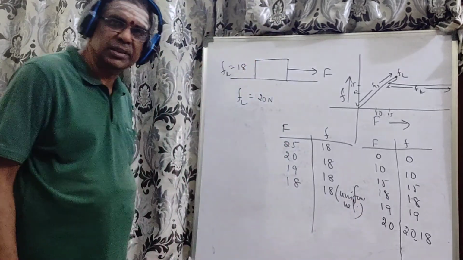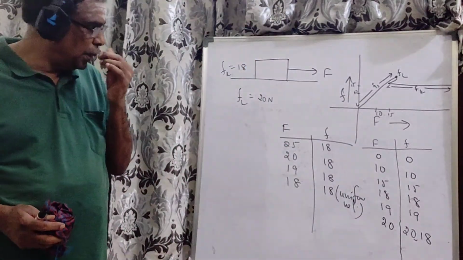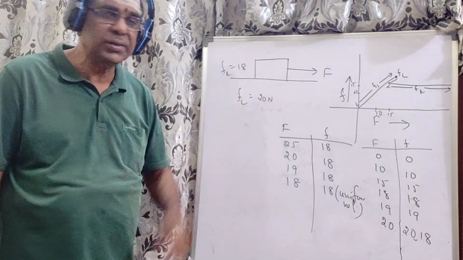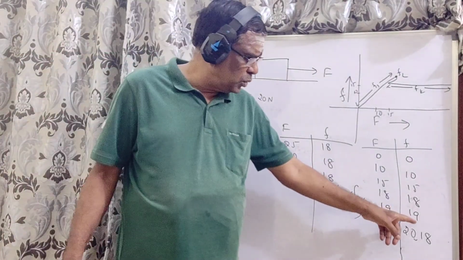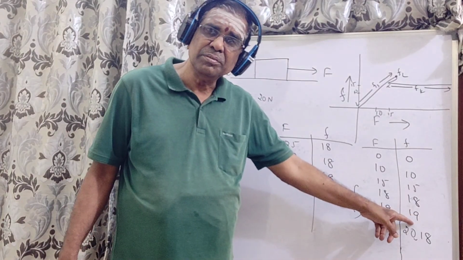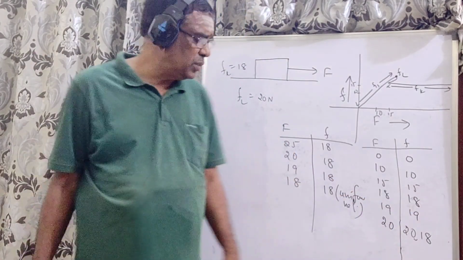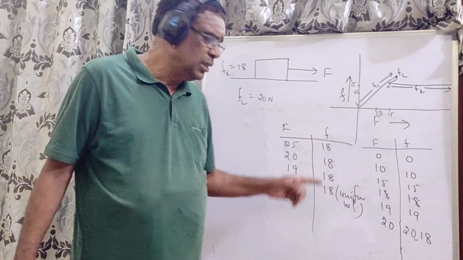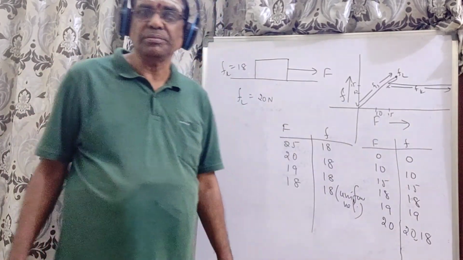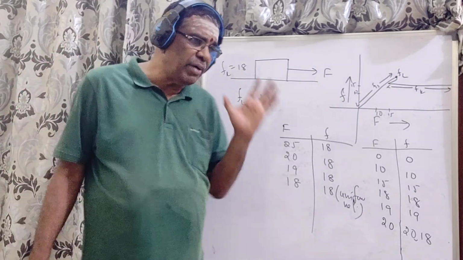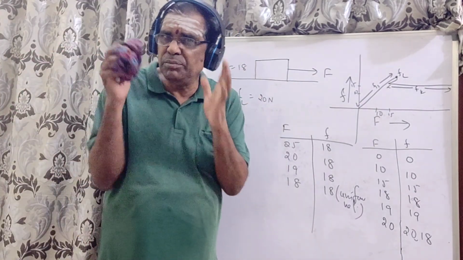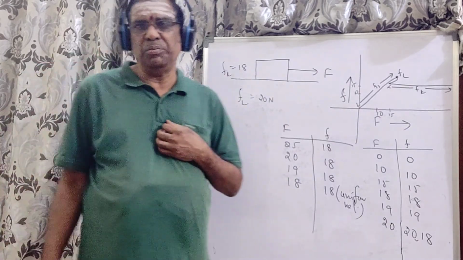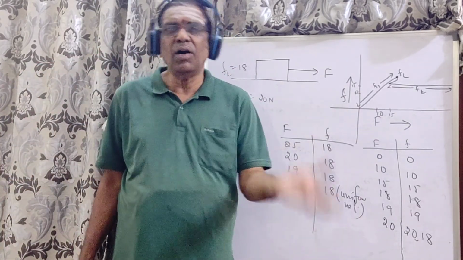uniform velocity. Now, 19 newtons, if somebody says I am applying a force, frictional force can be 19 if the body is not moving, or frictional force can be 18 if the body is in motion. Whenever the value of applied force lies in between Fk and Fl, the answer could be F direct or Fk.